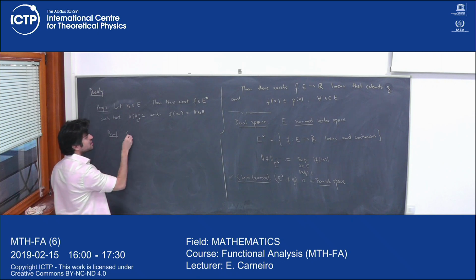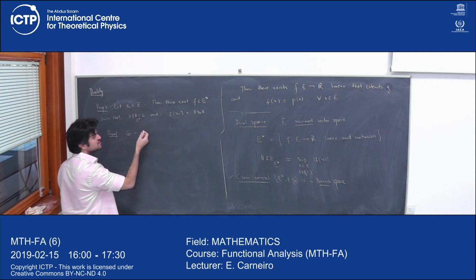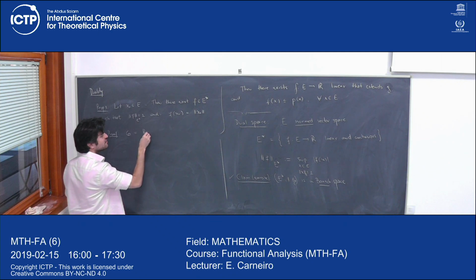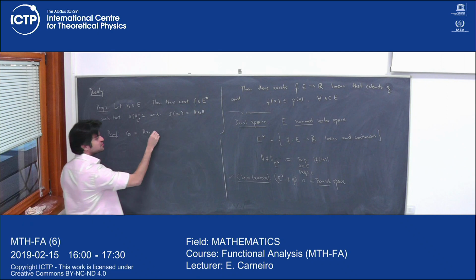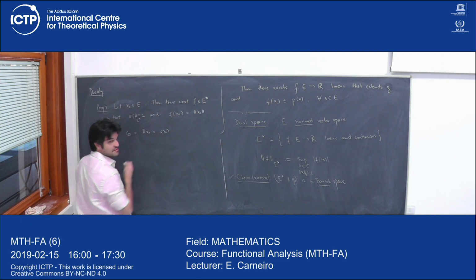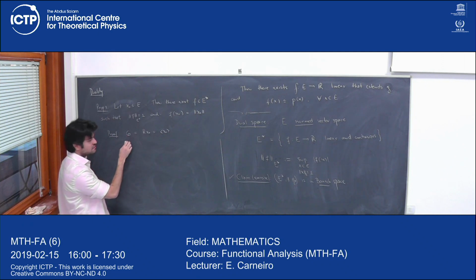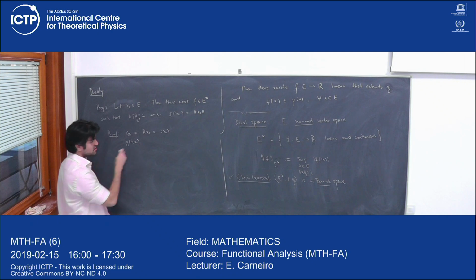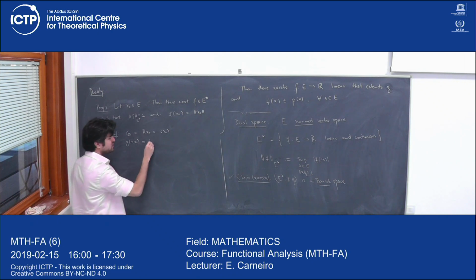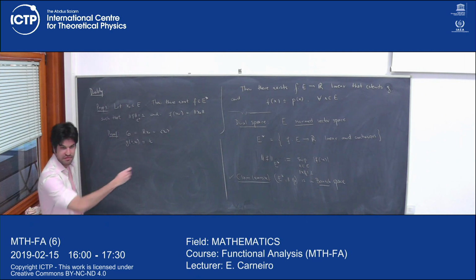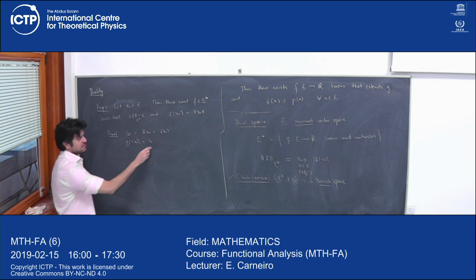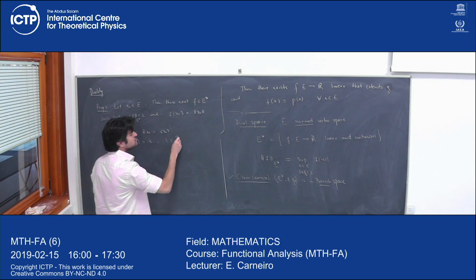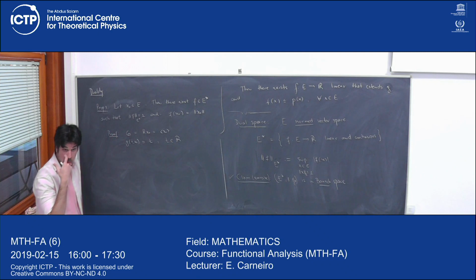So the proof is you take G as the subspace generated by x0, so R times x0. Here you can take a functional g which maps t times x0 to t. Obviously this is a functional.